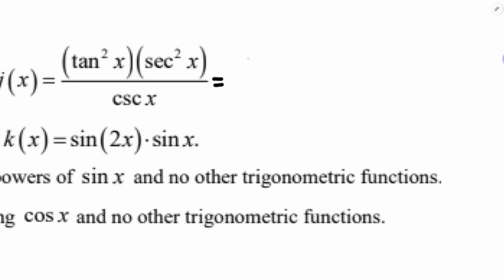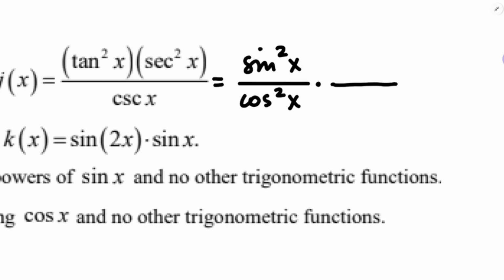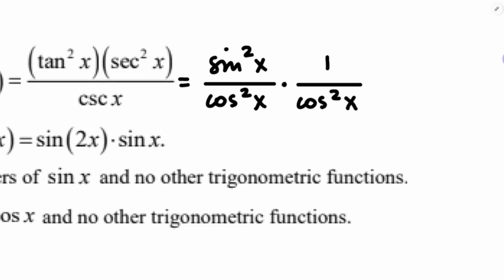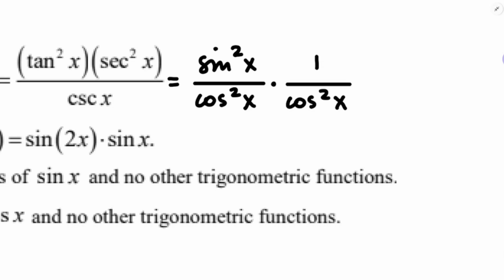So tangent squared x is sine squared x over cosine squared x, then multiplied by secant squared x. Well, secant is 1 over cosine, so this is going to be 1 over cosine squared x. And then, lastly, dividing by cosecant is like multiplying by sine.